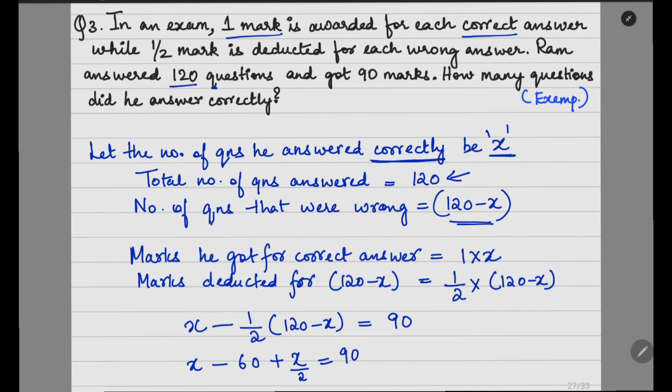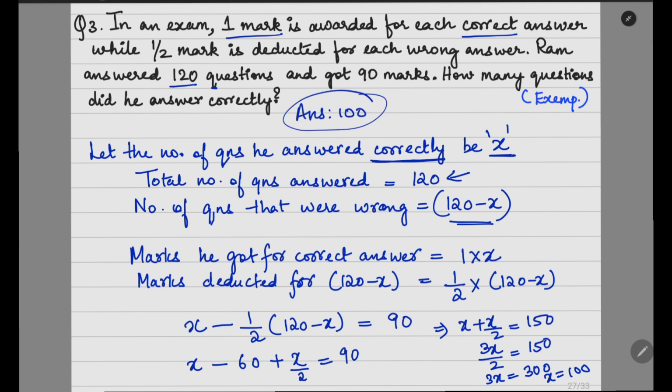Okay, and you can take 60 to the other side. So you'll have X plus X by 2 equal to 150. So you have 3X by 2 equal to 150. If you cross multiply, you'll have 3X equal to 300 and X is equal to 100. So the total number of questions that he answered correctly was 100. So the answer is 100.